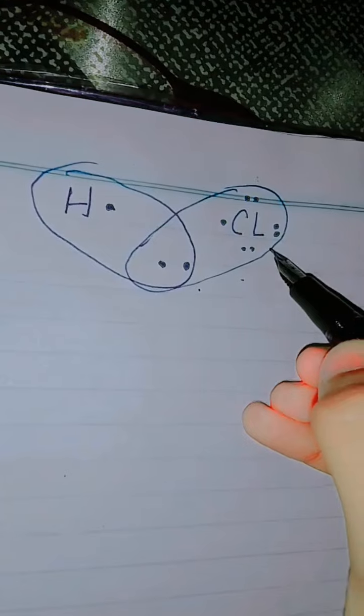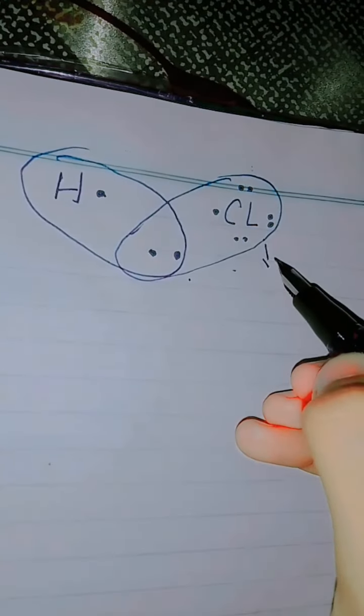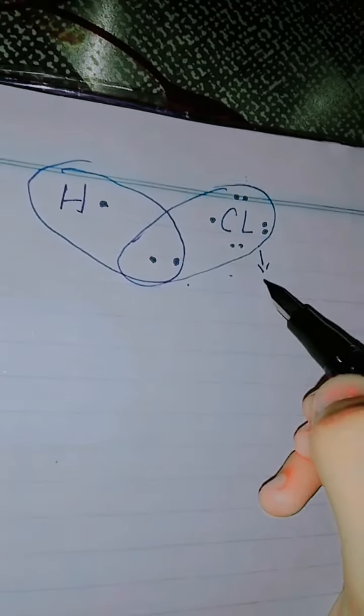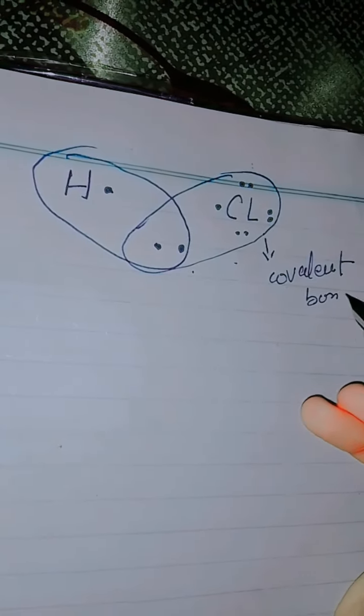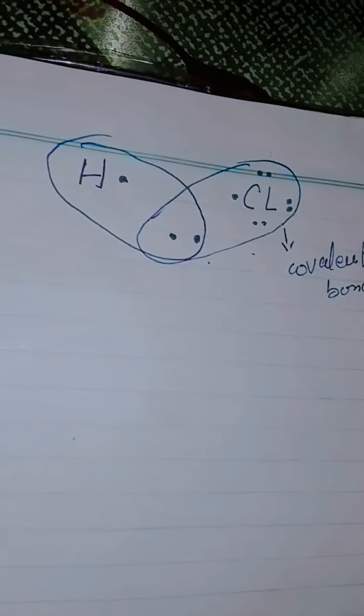Now chlorine can make both bondings, covalent bonding as well as coordinate covalent bond, because it has lone pairs. But firstly it will make a covalent bond because the unpaired electron is more highly reactive.